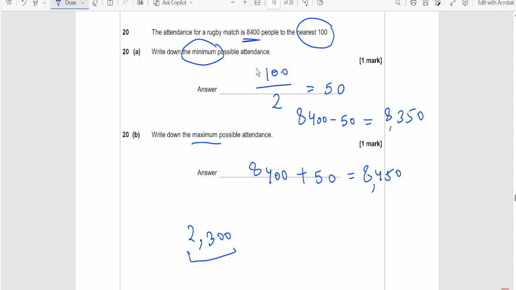Is it 2250? Is it 20 or 50? Oh, yeah, 50. And the maximum possible number? You have to add it, which is easier.